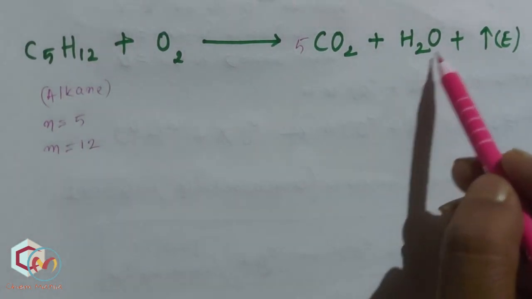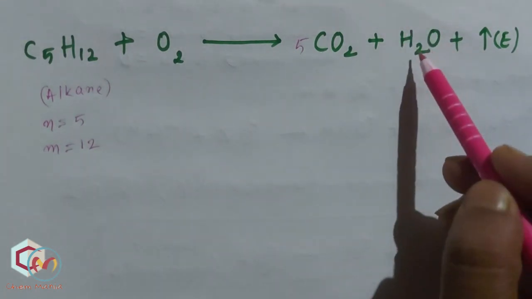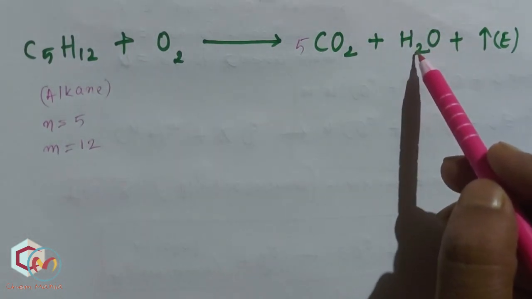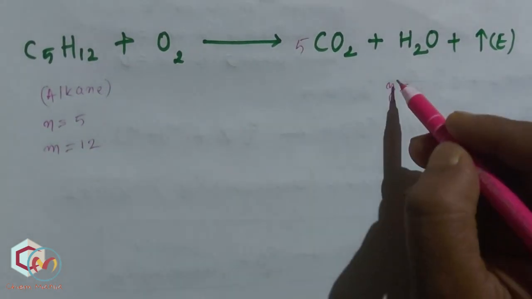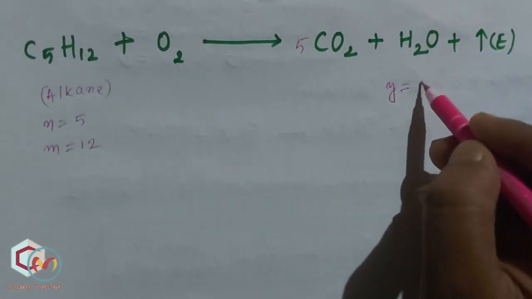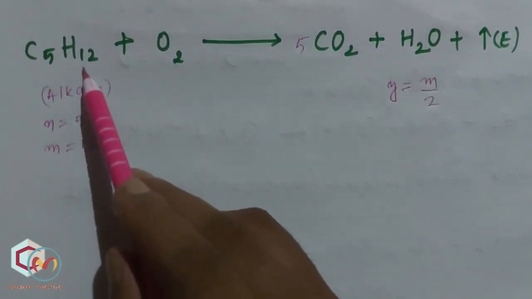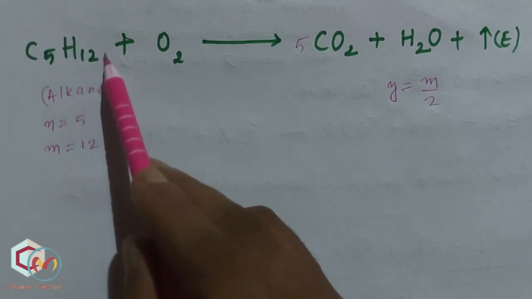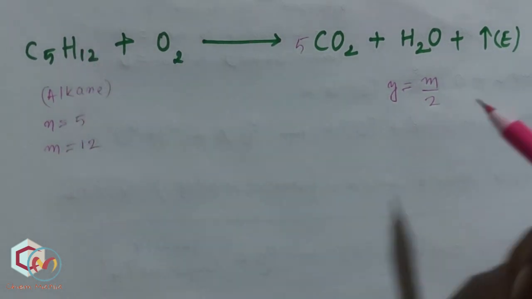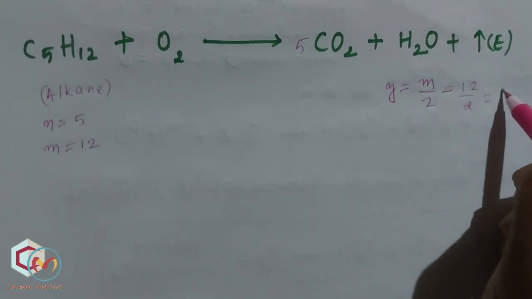Now we will balance the water molecule. For the water molecule, H2 is there, and the value of y, that is H2O, is equal to m by 2. Here m is the number of hydrogen atoms, which is 12, so we will divide 12 by 2, that is equal to 6.